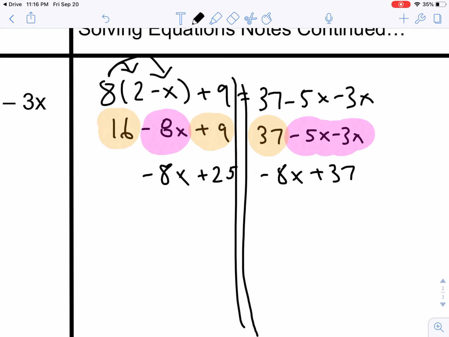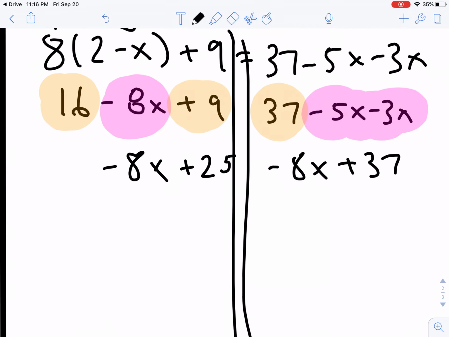Alright, well, when we see this, we're going to keep going. Now, you might notice that we have negative 8x and negative 8x. They are the same, so neither of them is a smaller value. They're both equal. There isn't one that's greater, so we're going to add 8x to both sides, right?